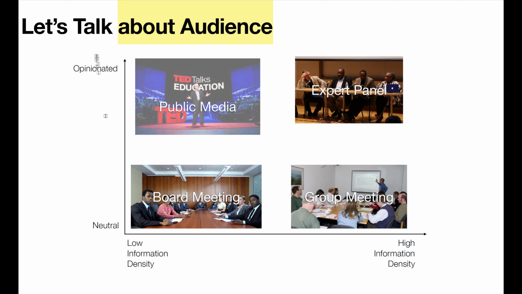And a couple of dimensions along which audiences vary are their opinionation level, whether they are neutral to what you're going to say or opinionated about what you might say. And then there's also another dimension, information density, whether the amount of information per minute that you're trying to convey is relatively low or relatively high.